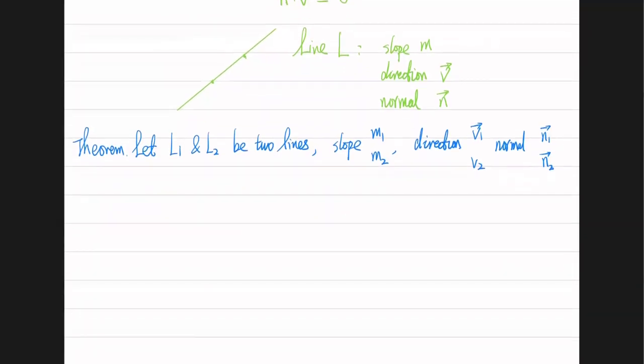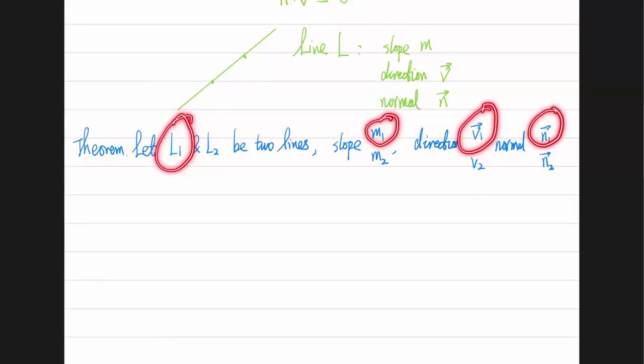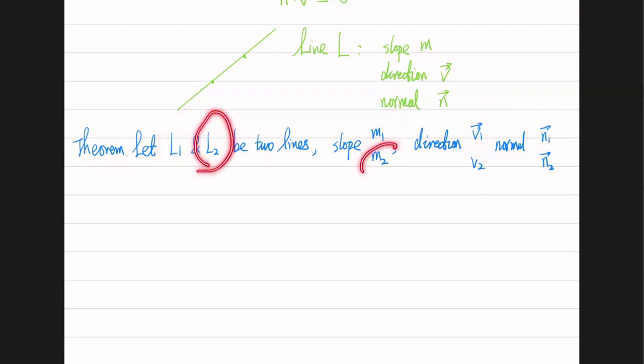Okay, so we have two lines. First line: slope M1, direction V1, normal vector N1. Second line: slope M2, direction V2, a vector, and normal vector N2.